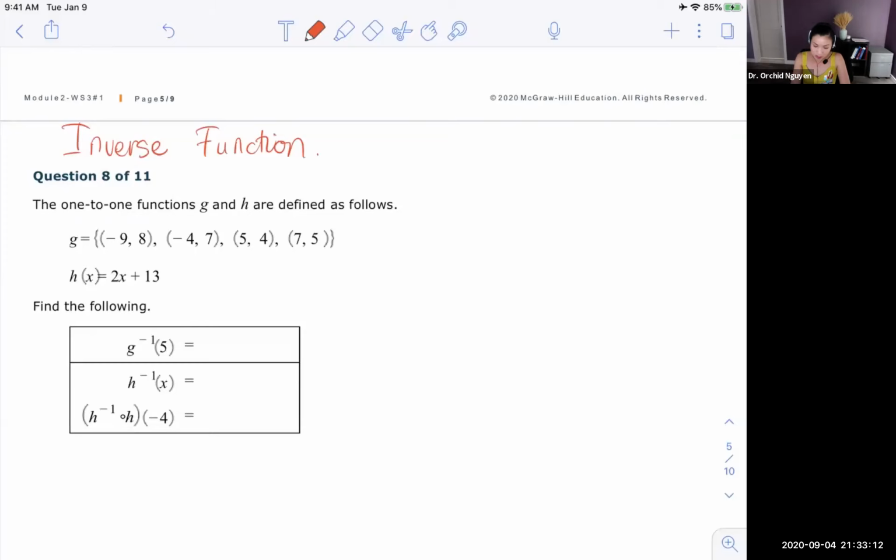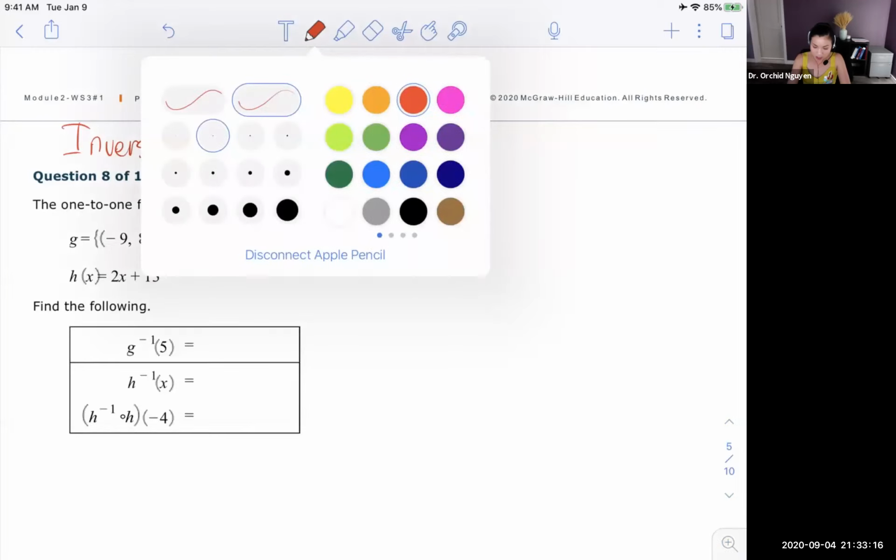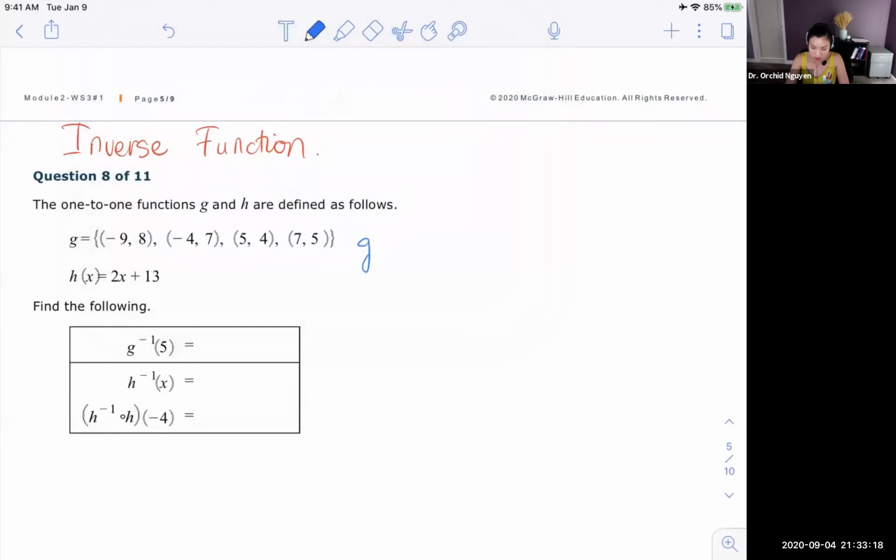You see right here, what I have is the function g. If I want to write the inverse function, all I have to do is interchange x and y. So now I have 8, negative 9, 7, negative 4, 4, 5, and 5, 7. So what I have right here is the inverse.